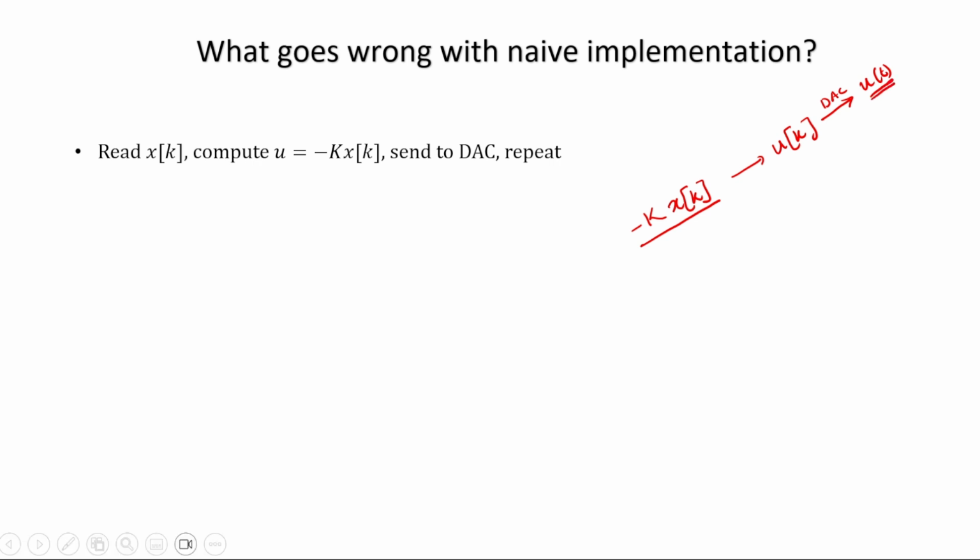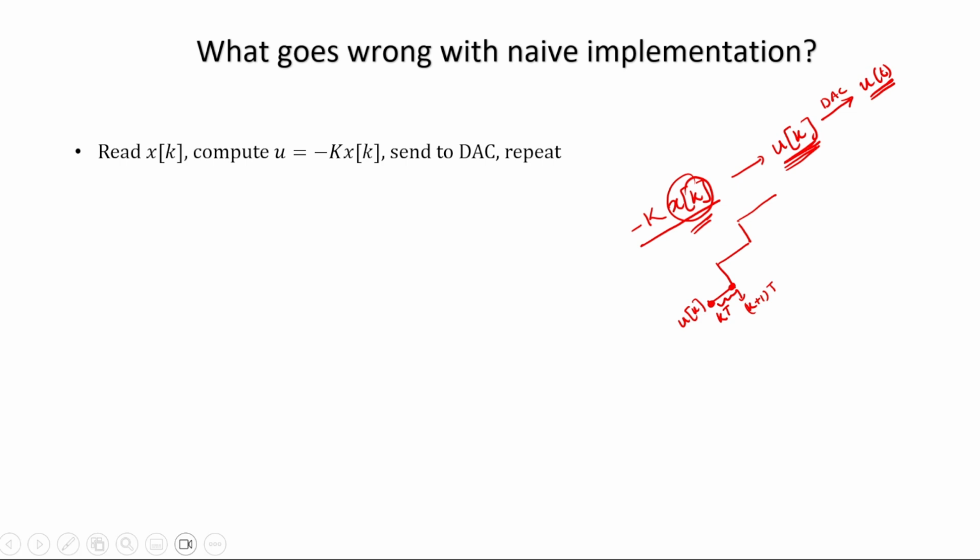However, there are issues here, because the u(k) that you are finding will be a staircase type of u(k). Because between samples the value of x(k) is constant, which means u(k) will also remain constant between samples. If this is the sample time kT and this is (k+1)T, between these two samples u(k) will remain the same.